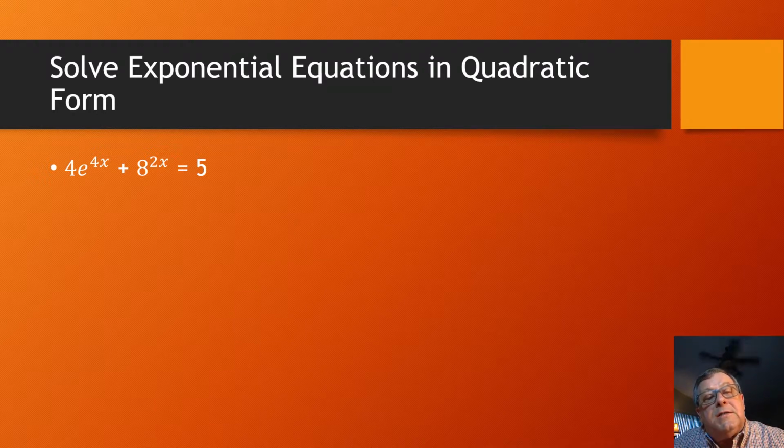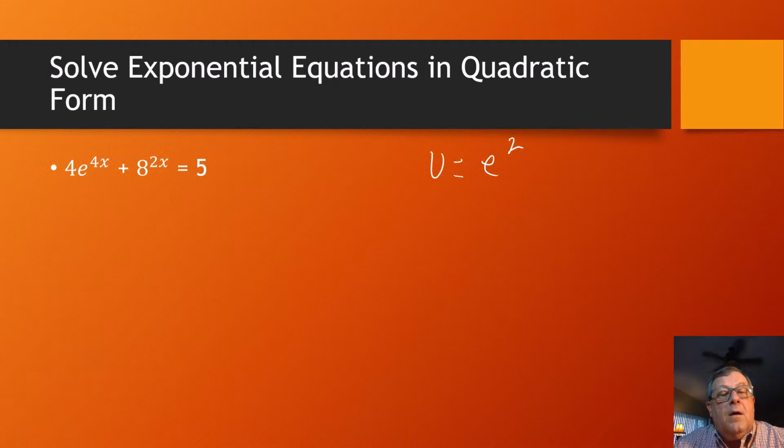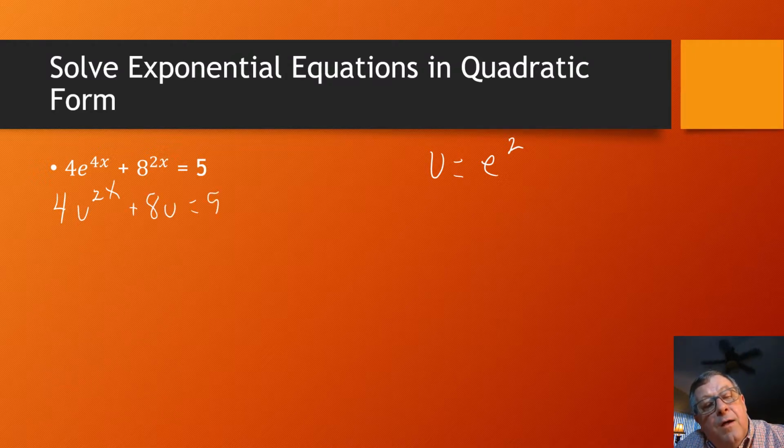All right, let's see. I'm going to set u as equal to e to the 2x. Then I've got 4u squared plus 8u equals 5. And let's subtract 5 from both sides to set this equation equal to 0.